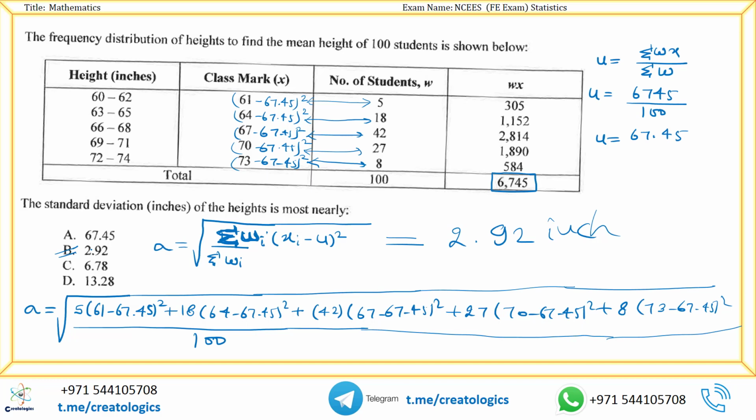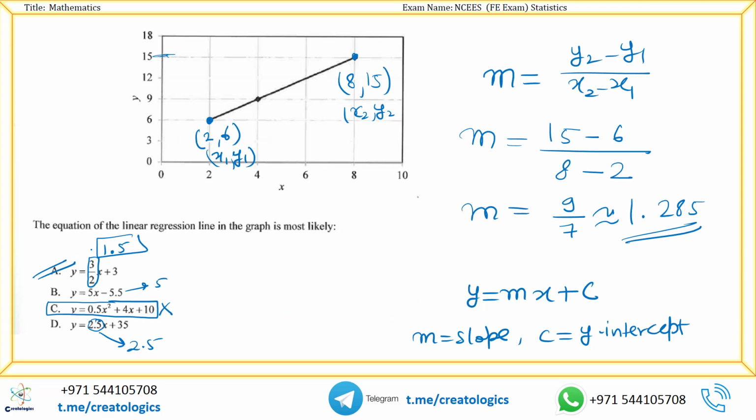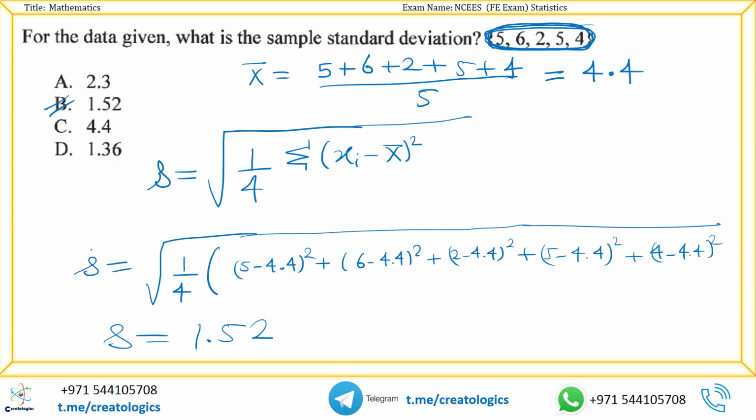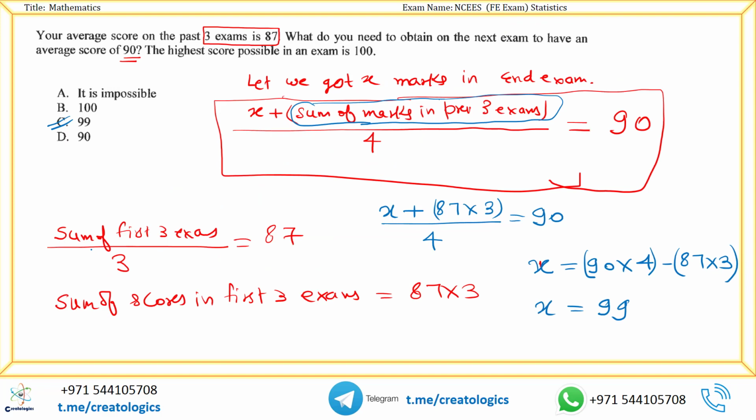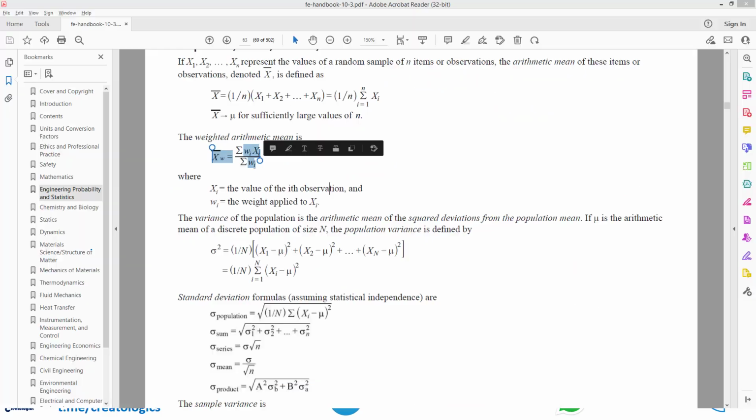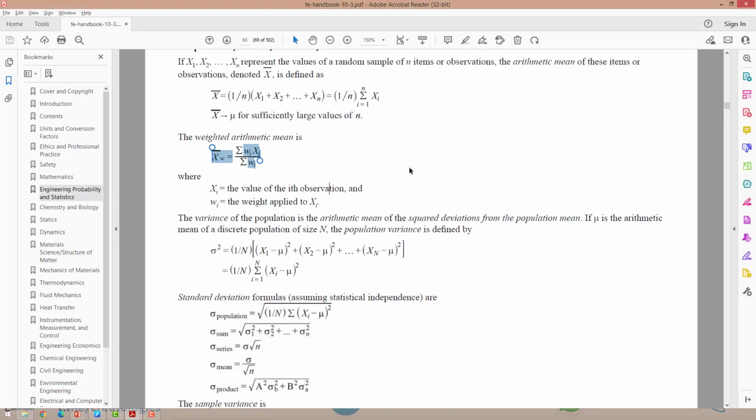I hope you learned something from this about statistics. You will find these types of questions in statistics where you have to find mean, median, variance and standard deviation, sometimes for discrete data, sometimes for a frequency distribution table. So every time you have to use different formulas, so make sure that you know your handbook, because accordingly you have to apply the formula.